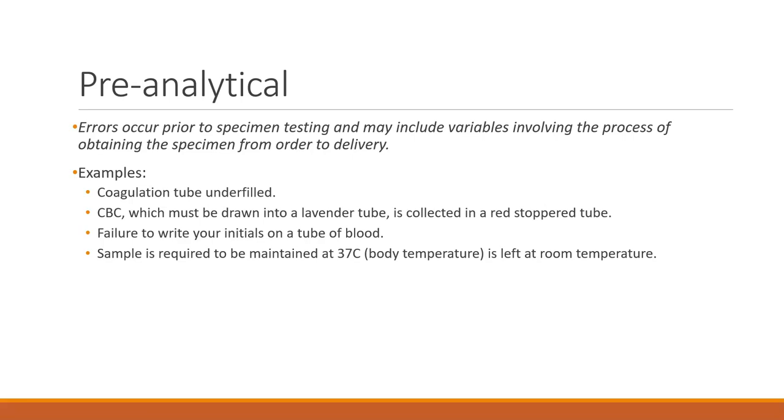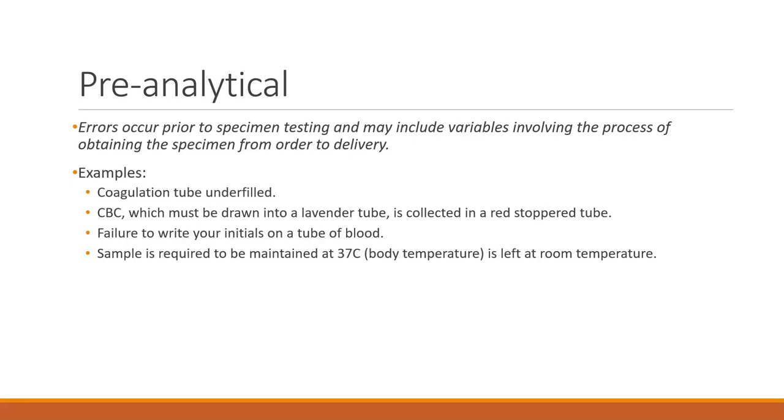So some examples are the coagulation tube was underfilled, which, once you take phlebotomy, you'll understand is a huge no-no because this will cause inaccurate results. A CBC, which must be drawn into a lavender top tube, is collected in a red stopper tube. If you fail to write your initials on a tube of blood, because this is a legal record, I don't know who drew it, and if bad things happen to the patient because the results are inaccurate, we need to find whoever caused that problem to occur.